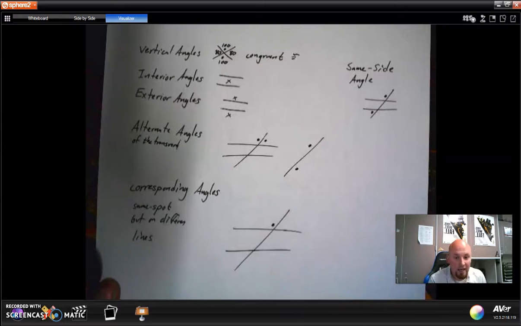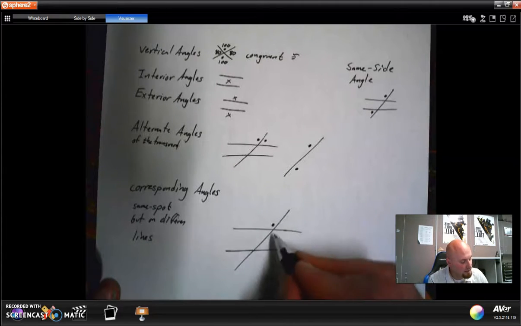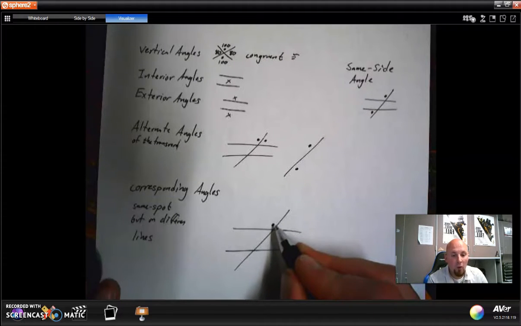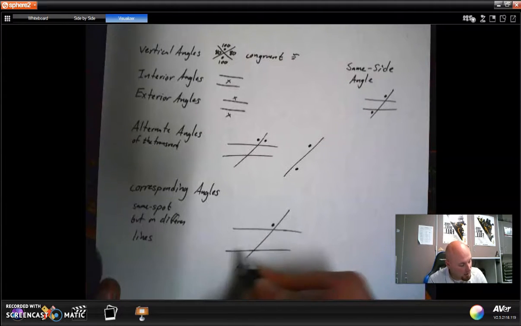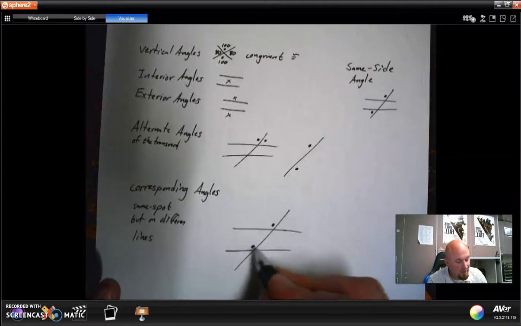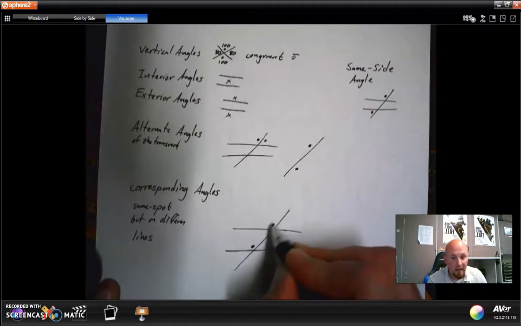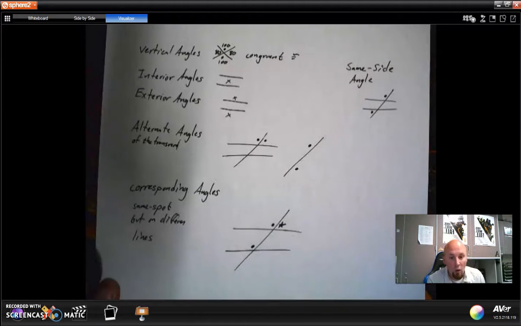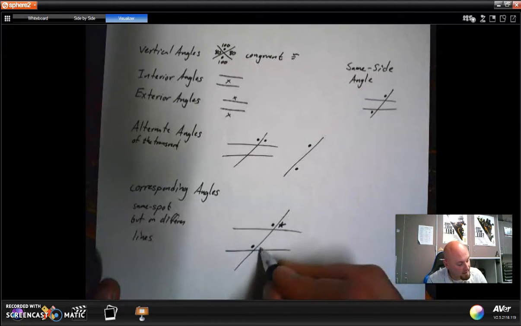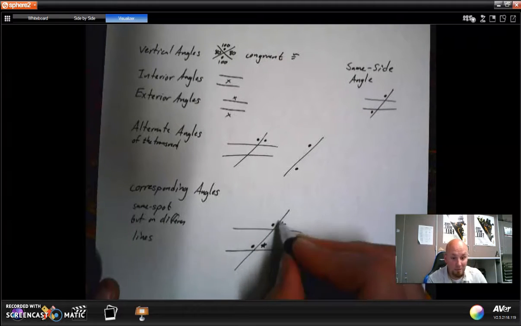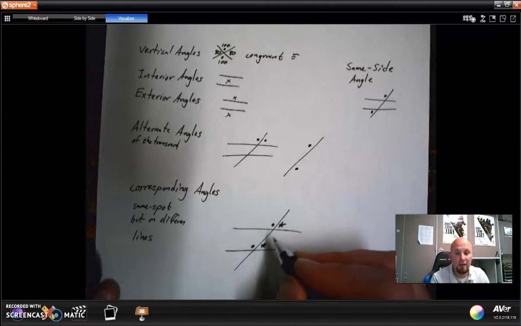This angle right here, if you notice, it's in the top left angle of this group right here. It corresponds with this line right here, meaning it's in the top left angle on this line, and it's in the top left angle of that line. This angle right here corresponds to this angle right here on the other line. Corresponding means they're in the same spot, but on a different line.